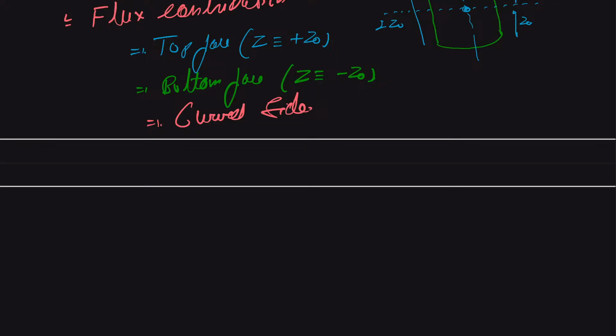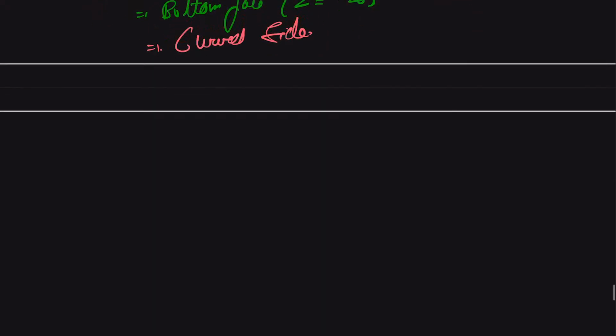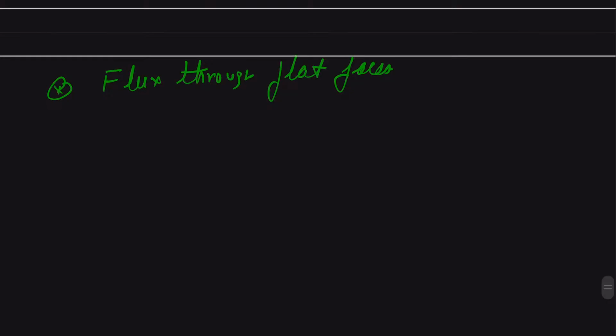So let's find out what will be the flux because of the flat surfaces, and we are going to use our part A in this case. So you can see that our flux through the flat face, and we already derived that the E of z in z direction is q upon 4 pi epsilon naught r cube and z.